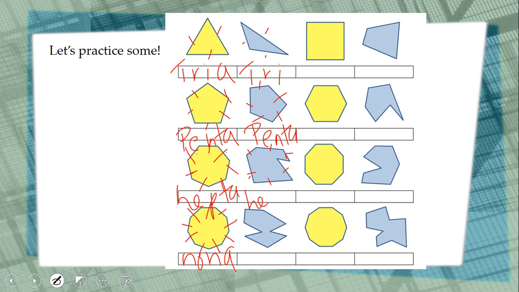A heptagon. Okay? And then the last one, 1, 2, 3, 4, 5, 6, 7, 8, 9 is going to be a nonagon again. Nona. Okay? So now we have 1, 2, 3, 4. Now your first thought is going to be, that's a square, which is, you are correct.